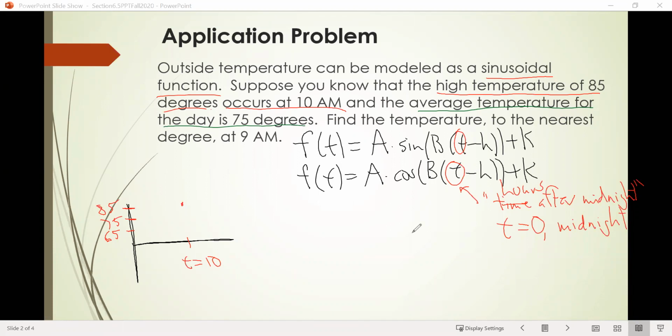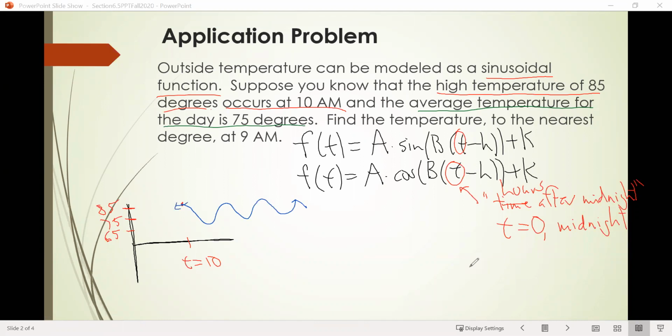Let's also think about what the shape of the graph might be. We know it's sinusoidal, so it's going to look like a sine or a cosine. Since 85 is the highest temperature it reaches, after that it's going to go down and then start to do something like this, as our sinusoidal functions do.